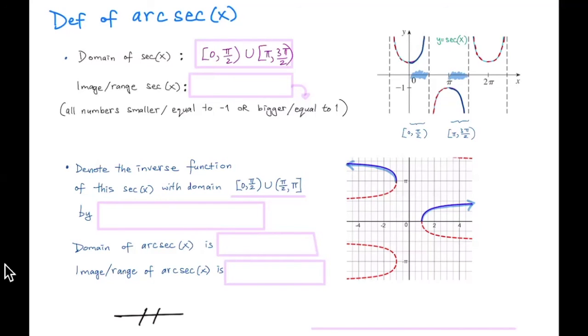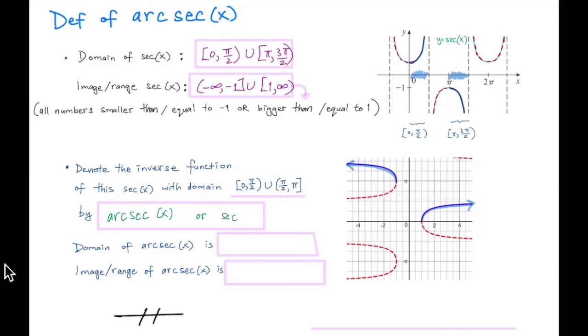The image, so the numbers can be as big as you want, but it has to be smaller than or equal to -1, or bigger than or equal to 1. So we denote the inverse function by arc secant, and sometimes you might see this notation, which I will try not to use, because you might think that this means 1 over secant x, but it's not.